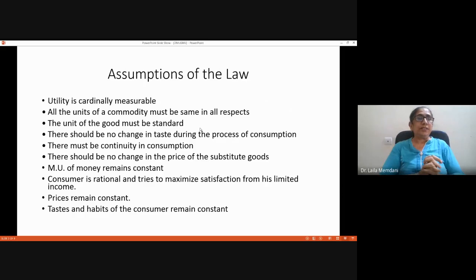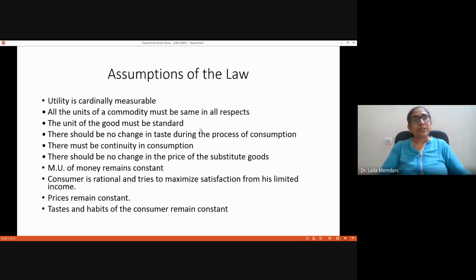So the law applies only when the taste remains the same during the process of consumption. There must be continuity in consumption. That is, when you are eating you should keep on eating continuously. If you eat one paratha in the morning and another in the afternoon, the law will not apply.